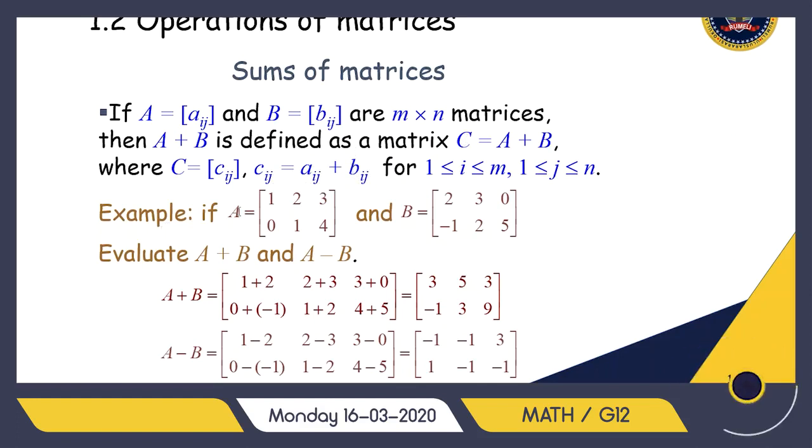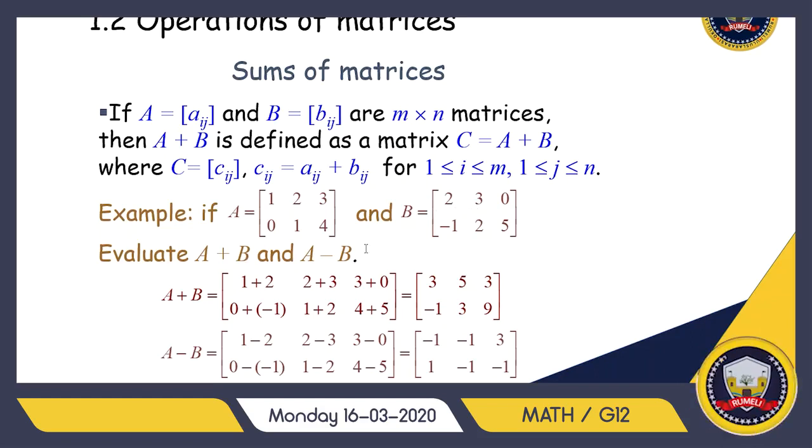Example. If A equals 1, 2, 3, 0, 1, 4, and B equals 2, 3, 0, negative 1, 2, 5. The order of this matrix is 2 multiplied by 3, and the order of this one is 3 multiplied by 2.